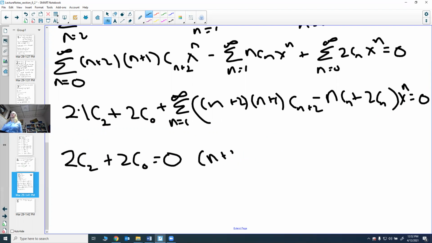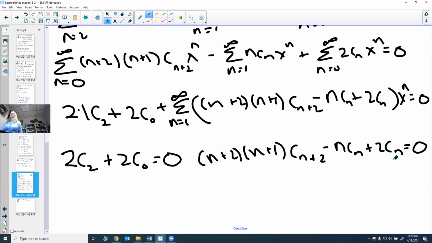So we have n plus 2 times n plus 1 times c sub n plus 2. Notice I did not multiply those out. I don't want to multiply them out. I'm looking for patterns, so you try not to multiply things out when you're looking for patterns. Minus n times c sub n plus 2 c sub n, and that has to equal 0.